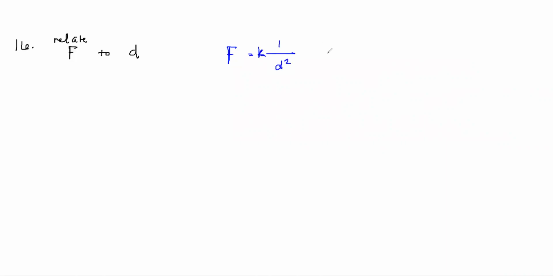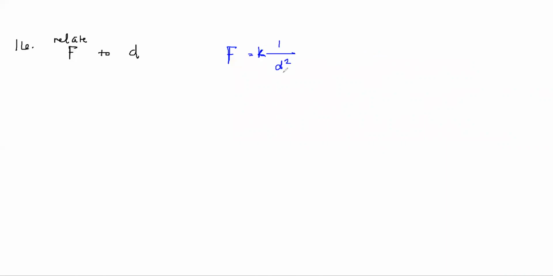There's k. I sometimes write it like this, and I use alpha to show proportionality, but I haven't seen that language used very much before. But basically what I'm saying is that they can be related in this manner.